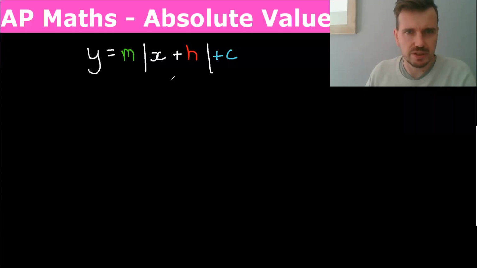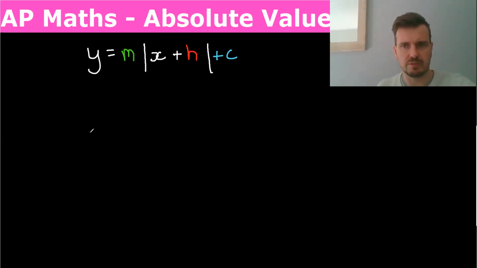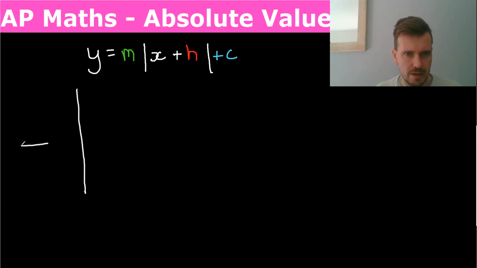Okay, so this is the general formula for the absolute value graph that we've been doing. And if we think of the normal absolute value graph, just the one that we've been basing everything on, it always looked like this.